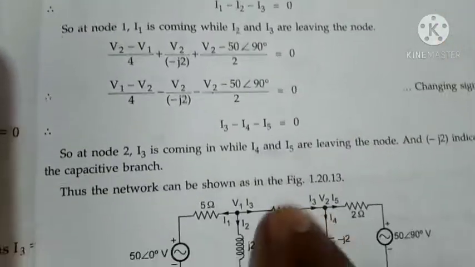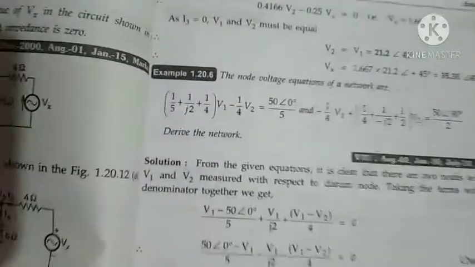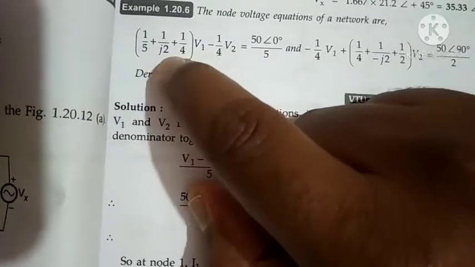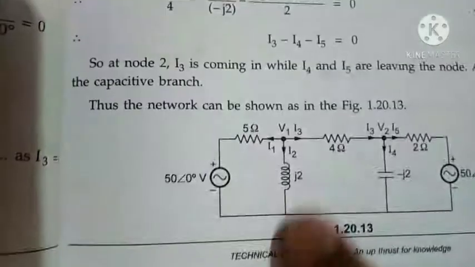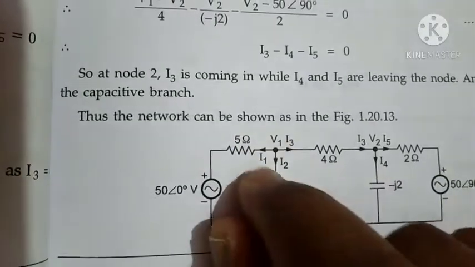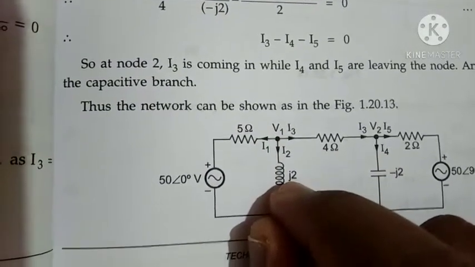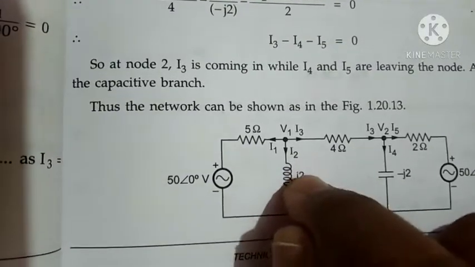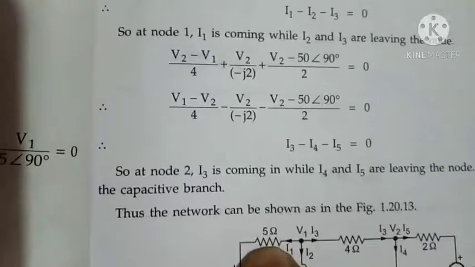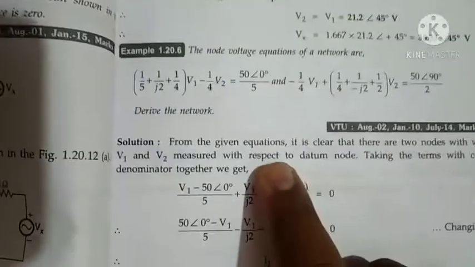Other than this 1/4, the other elements are 1/j2 and 1/5. So j2 and 5 mean: j2 is inductance, since minus j indicates capacitance and plus j indicates inductance, and 5 ohm without any j term indicates a resistance. Those are connected to V1.